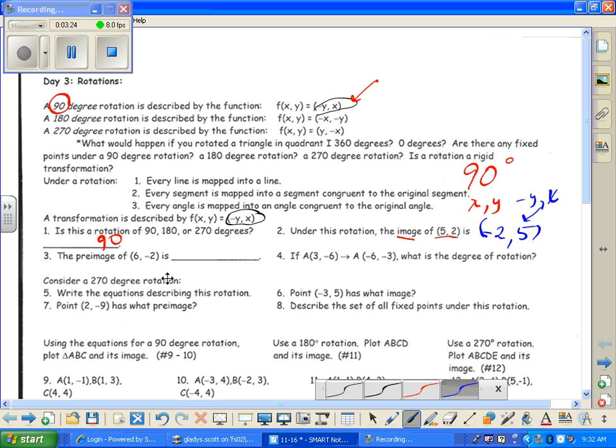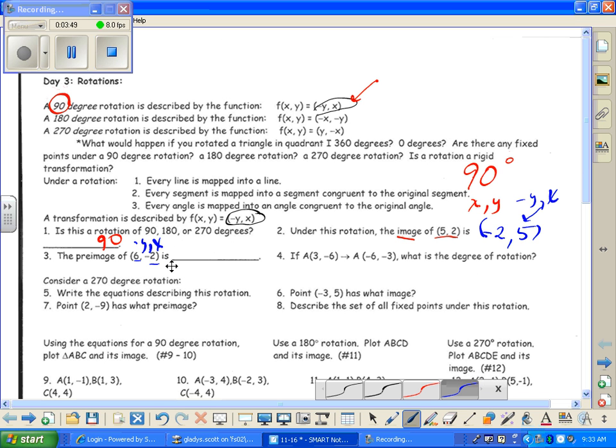Now, the pre-image, that means you're going back to where you started at, the (x, y). Right now, we're looking at a 90-degree rotation. We're looking at this as (-y, x). Negative 6 is the negative y, and the negative 2 would be the x as an image.